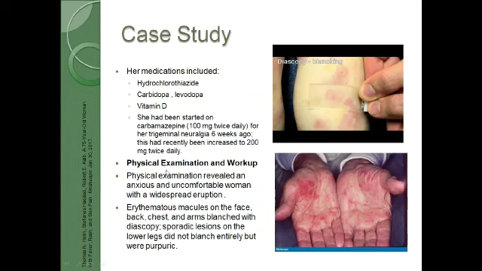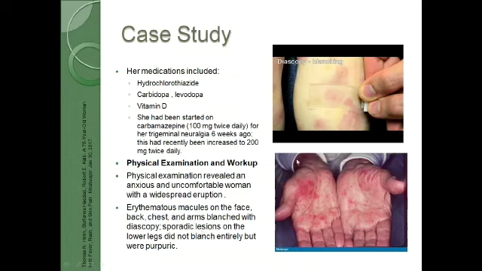So, physical examination revealed an anxious and uncomfortable woman with widespread eruption. And there are erythematous macules on her face. You see the macules, and on the chest and arms they blanched with diascopy.